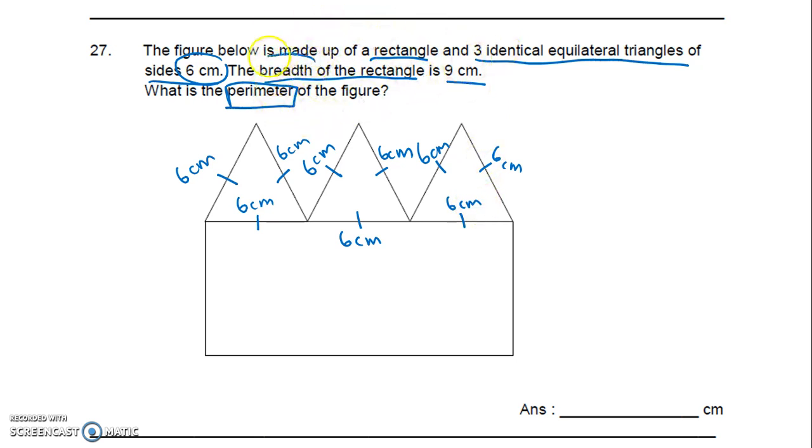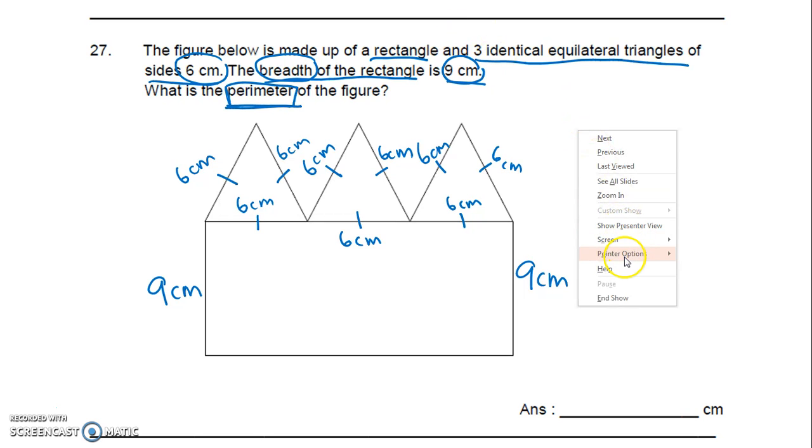I also know that the breadth of the rectangle is 9 centimeters. Where's the breadth? Here. So this is 9 centimeters. This is also the breadth, which means this is 9 centimeters. Now I have all the information here already. But the question is asking us to find the perimeter.